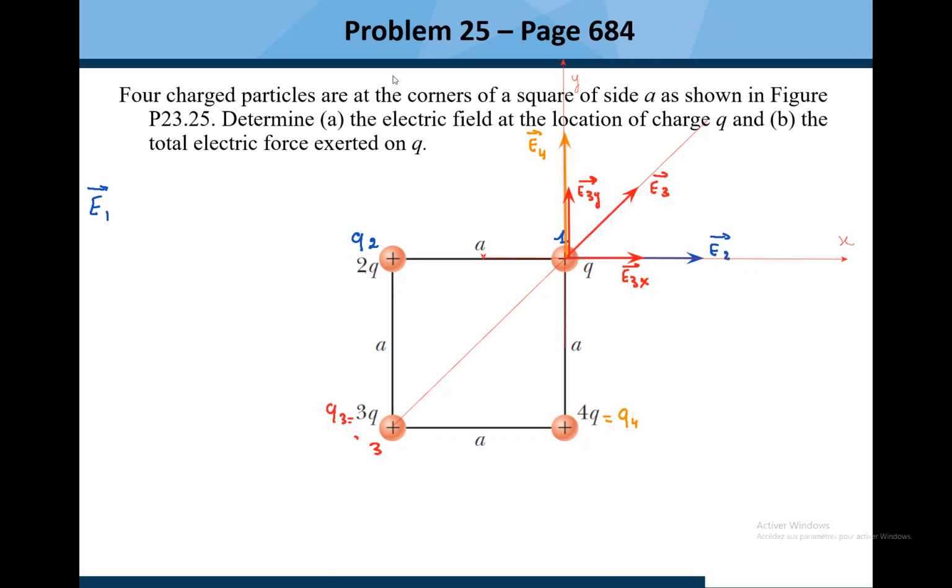Let's write the mathematical calculation. E equals the total field created at this position, I repeat, at this location, equal the summation of all these vectors, equal E4 plus E3 plus E2.